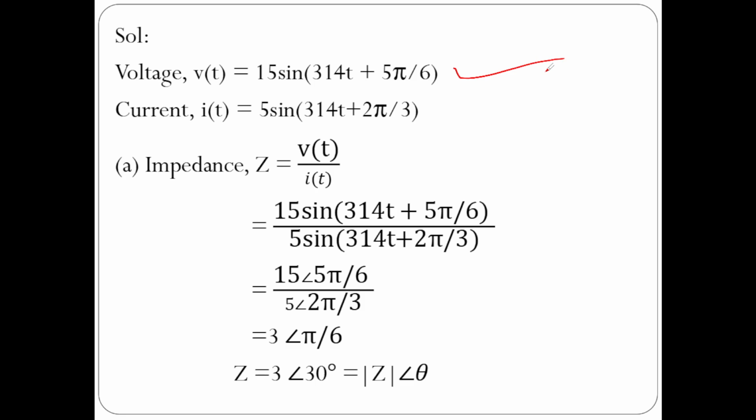This is the angle theta. In radians you call it omega t, in phase you call it theta. So 15 by 5 you will get 3, and then 5 pi by 6 minus 2 pi by 3.